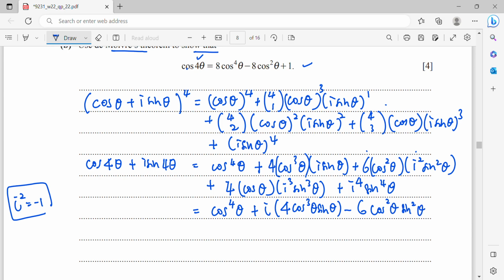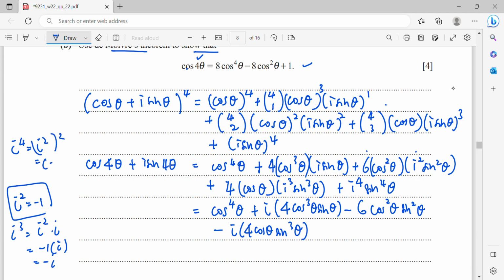Okay, now i cubed is i squared times i, which is minus 1 times i, so I will get minus i 4 cos theta sin^3 theta. Okay, and then i^4 is the square of i squared, which is the square of minus 1. And at last, we will be getting 1 for i^4. So here, I will get plus sin^4 theta.